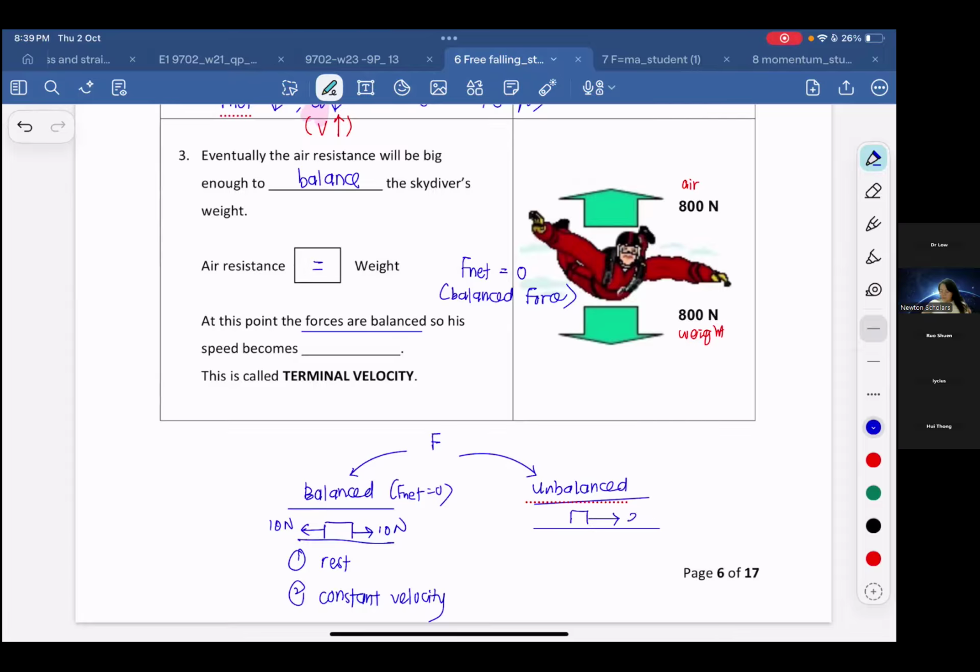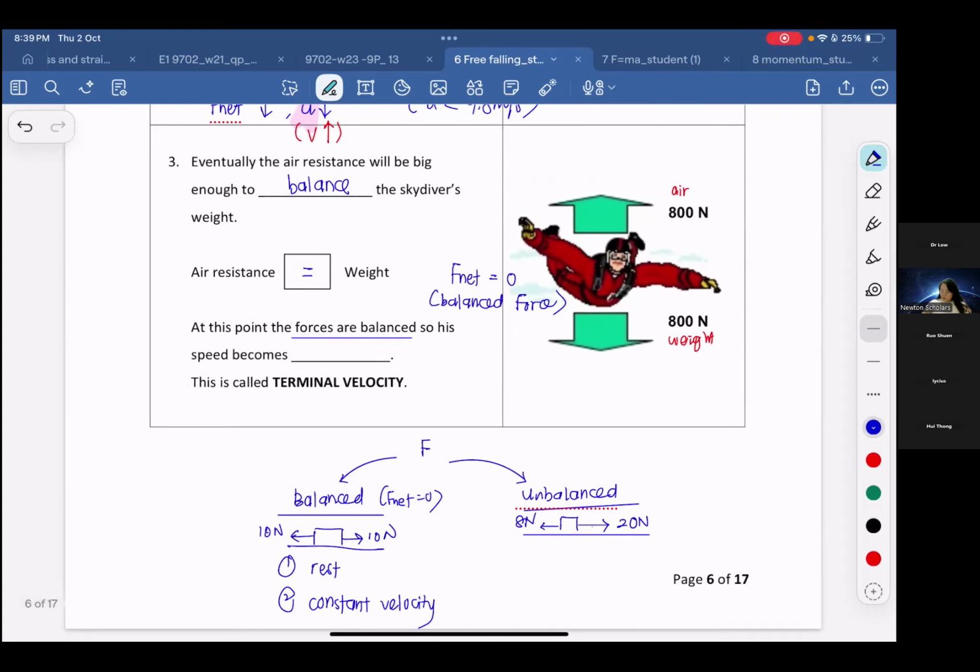Let's say unbalanced force. This is 20 Newton. Here is maybe like 8 Newton. So what is your resultant force? Your resultant force, or we say net force, is 12 Newton to the right. So here, unbalanced means that your net force is not 0. So they will have three types of motion.